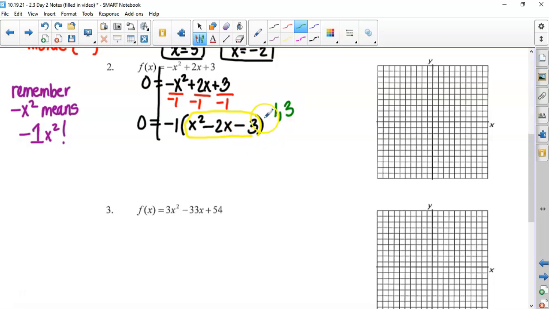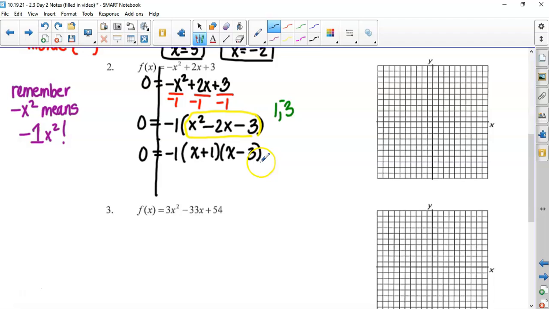This is negative, so we have to decide which of these needs to be negative so that I get a negative 2. And I'm hoping 3 being negative is popping into our minds here. So to factor this, 0 equals negative 1 is still outside. x plus 1 times x minus 3. There's my factored form.